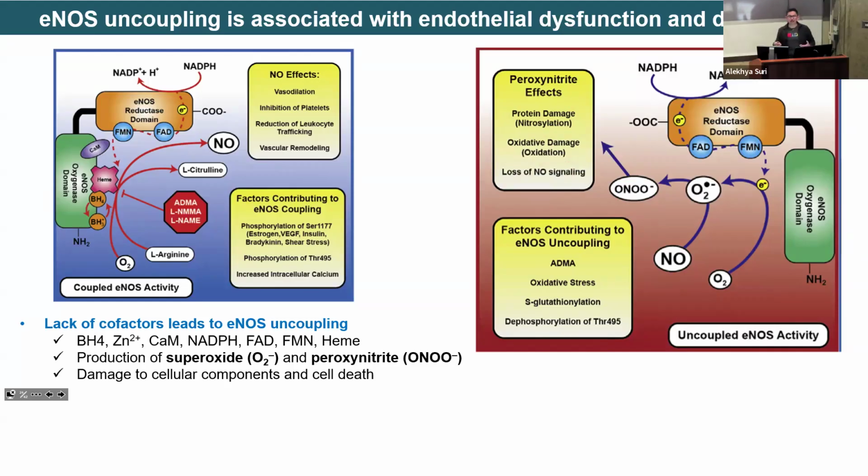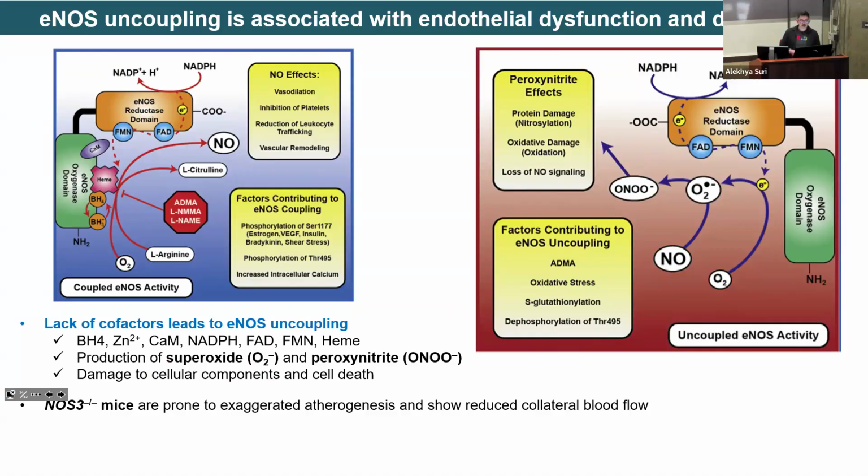So ultimately, it reduces the overall availability of nitric oxide. This uncoupling of the enzyme, resulting in the production of superoxide and peroxynitrite, causes cellular damage and cell death, right?